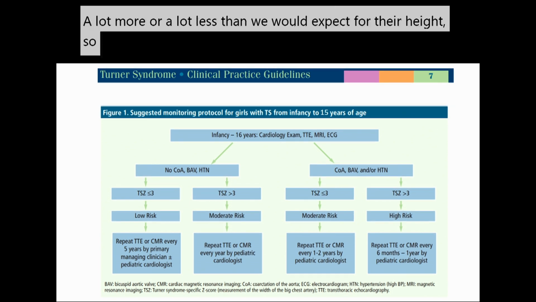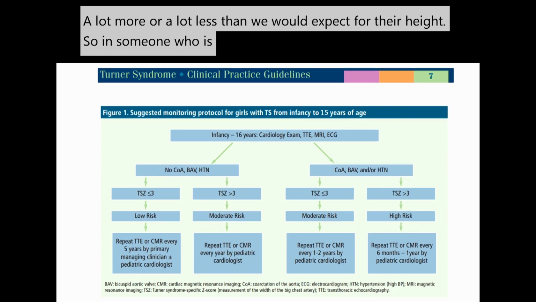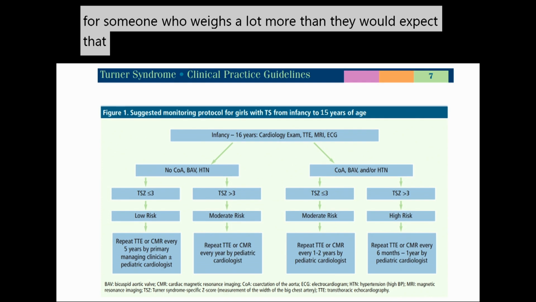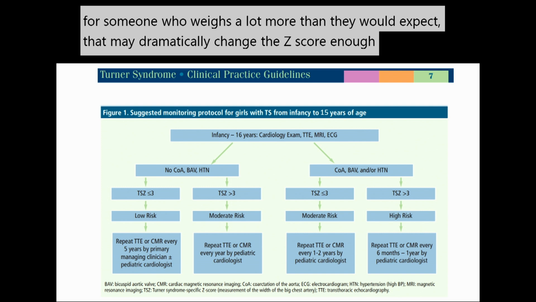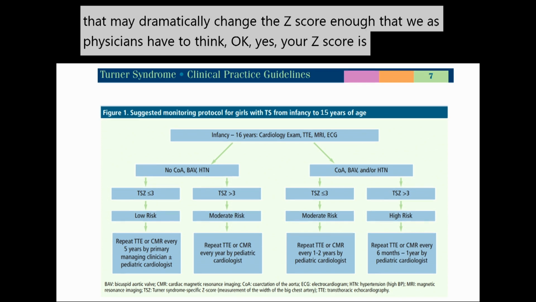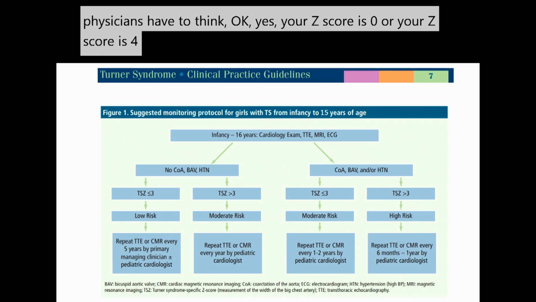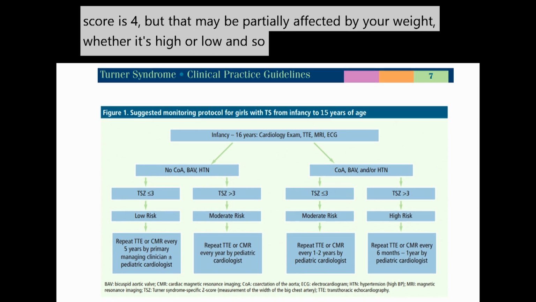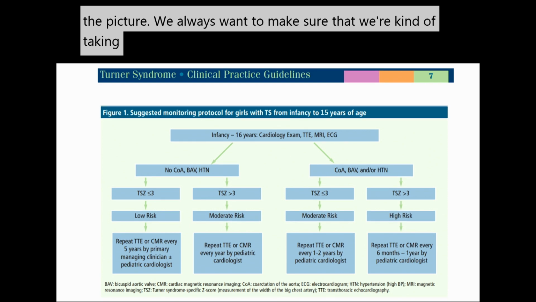So in someone who weighs a lot less than we would expect, or someone who weighs a lot more, that may dramatically change the z-score enough that we as physicians have to think, okay, yes, your z-score is 0 or your z-score is 4, but that may be partially affected by your weight, whether it's high or low. And so because it can complicate the picture, we always want to make sure that we're taking all of our numbers into effect.